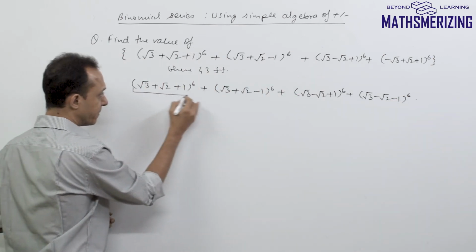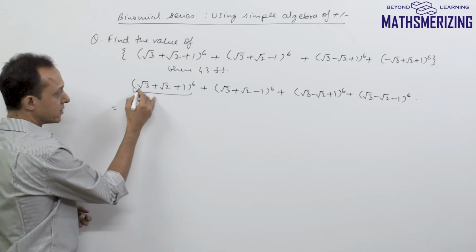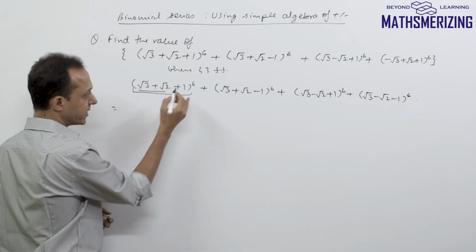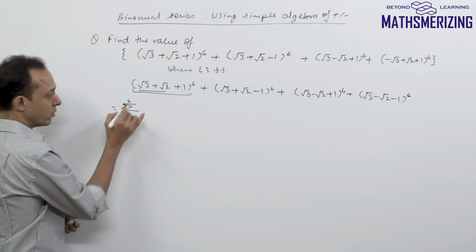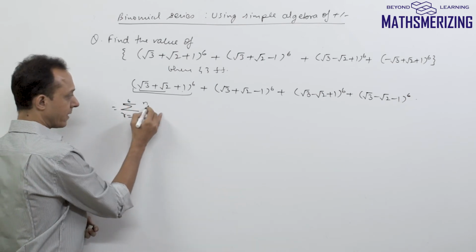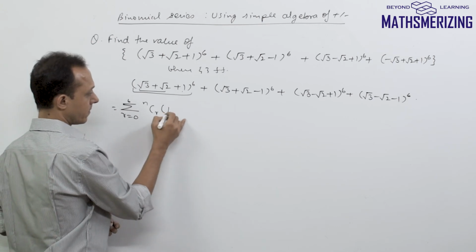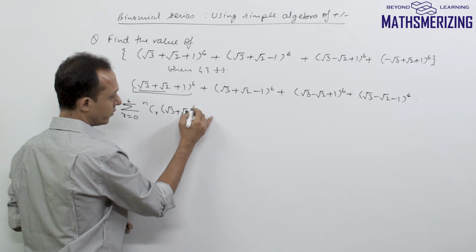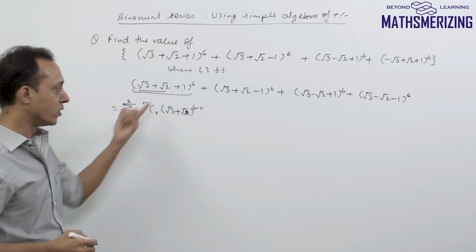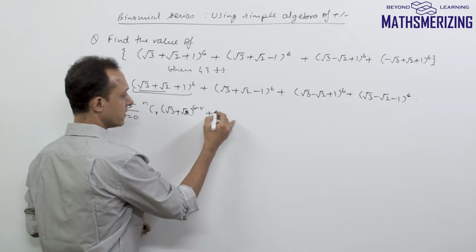Now if I write the series summation for this one, using binomial, I'll consider this as A and this as B. So I can write the series as summation r varies from 0 to 6, 6Cr, (root 3 plus root 2) to the power 6 minus r, and then 1 to the power r will be the same 1.